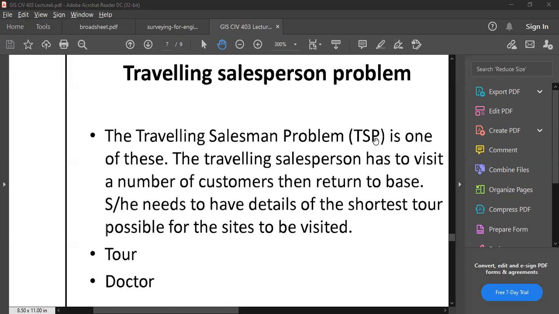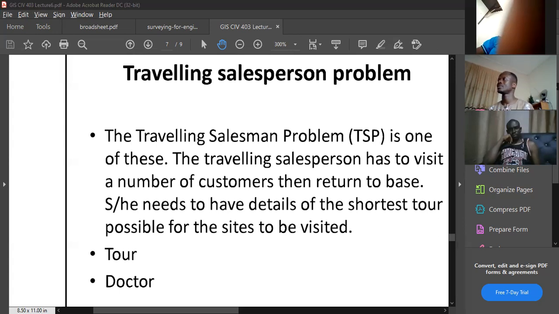Now, the question was that if the doctor needs to visit his clients, how is he going to be able to do that effectively? He does that by making use of the traveling salesman's problem, where the distance to visit all these patients is minimized. You minimize the distance traveled.